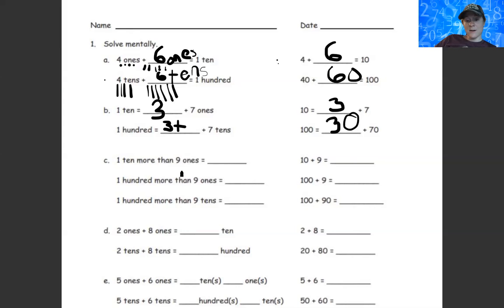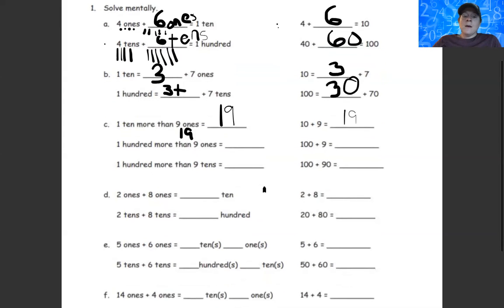So we have 9 ones, and now we have 110. What's my number? Yes, 19. Good work. I'm super proud of you guys. You guys got that. That's the same thing as saying, if this were a story problem, 110 more than 9 ones, you would write out 10 plus 9. And 10 plus 9 is what? Yes, 19. Good work.